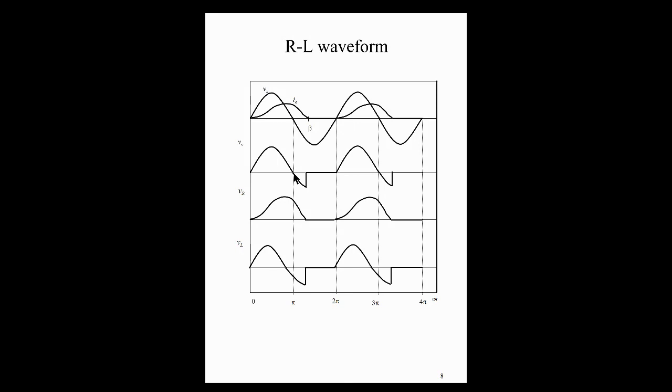However, it seemed to have conducted a bit longer into the negative region, at this point where it goes to 0. Can you tell me why? Can you make a guess why this is the case?